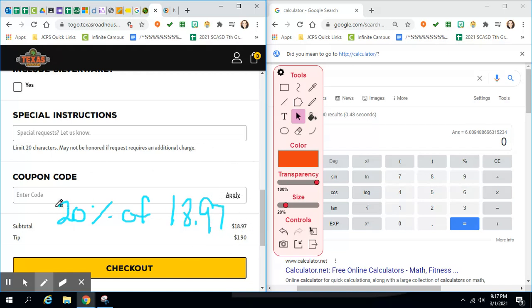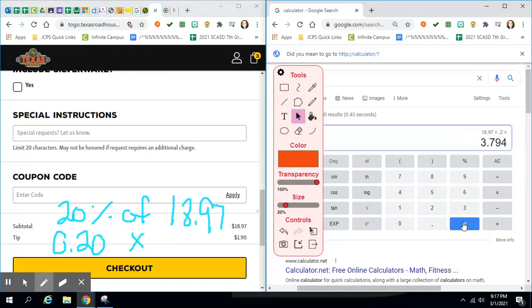Remember, you always want to tip on the subtotal, not the actual total at the bottom, because well, then you're tipping on top of tax. So what I'm going to do here is I'm going to take my $18.97 and I'm going to multiply it by 20%, which I know is 0.2, right? Because we divide 20% by 100, gives us the decimal of 0.2 or 0.20. Of means multiply.